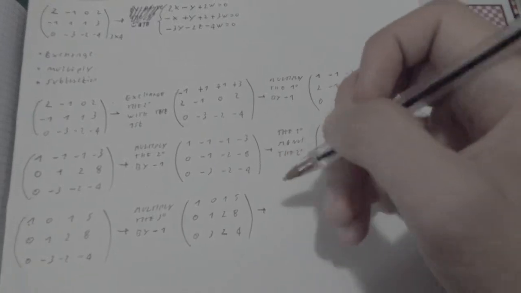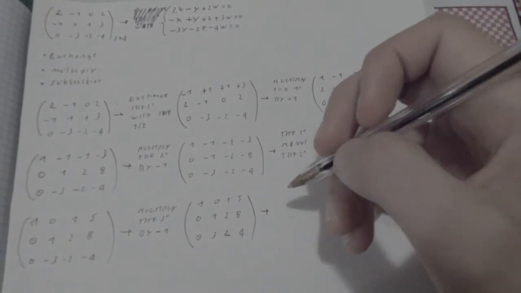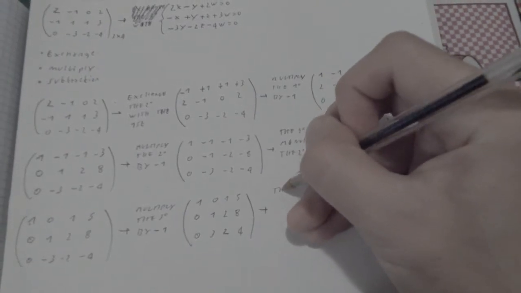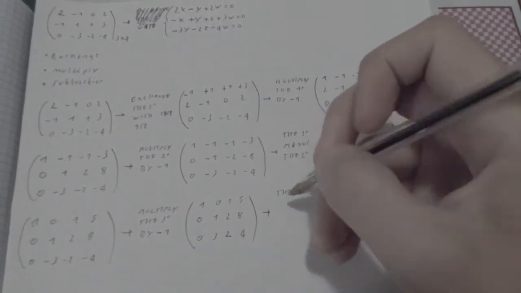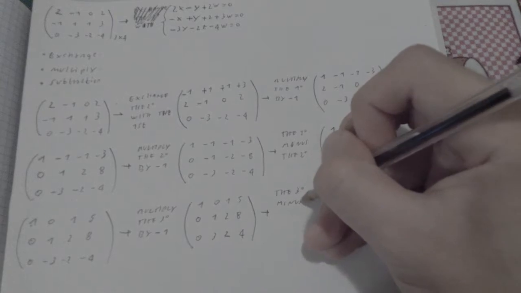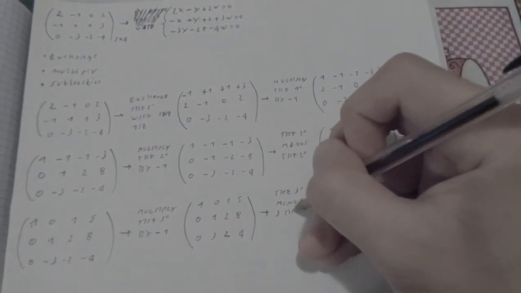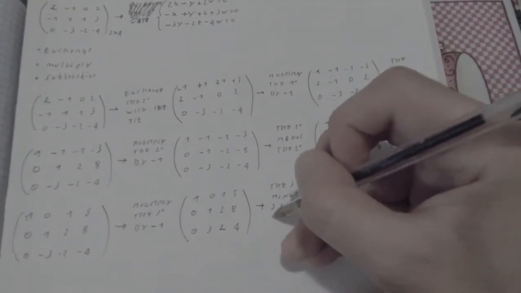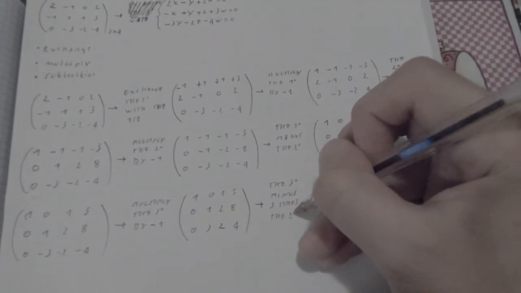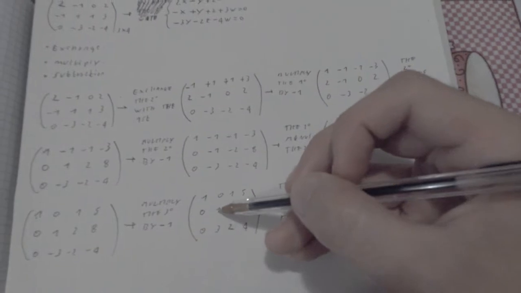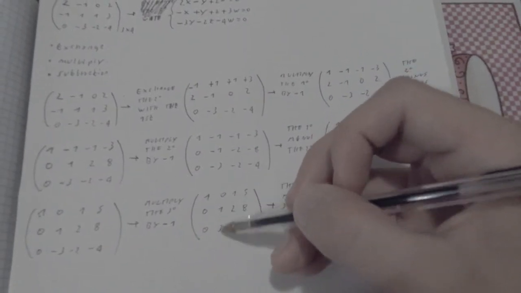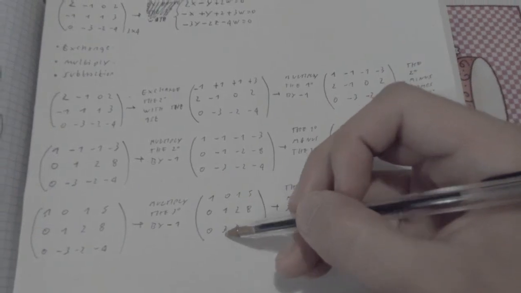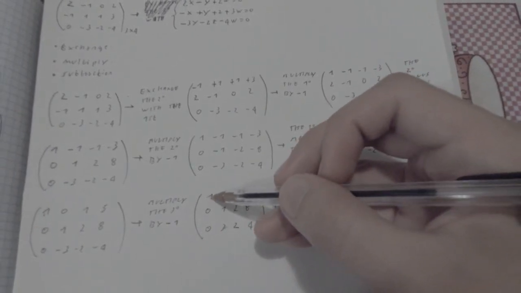So right now I can just do the third one minus 3 times the second one. Why 3 times? Because I want to get a 0 here. I don't want this 3 here. I want a 0 here. So I do have a pivot.